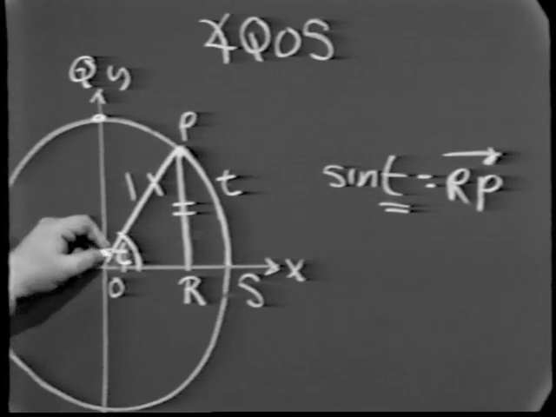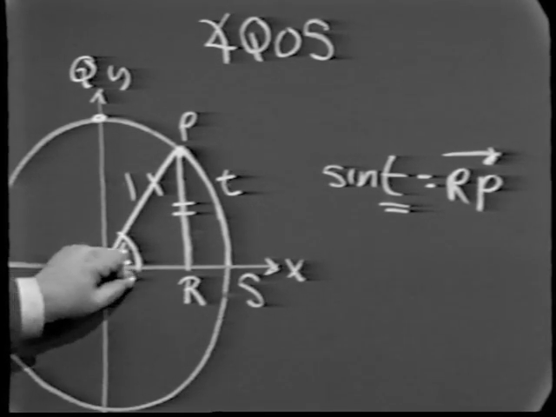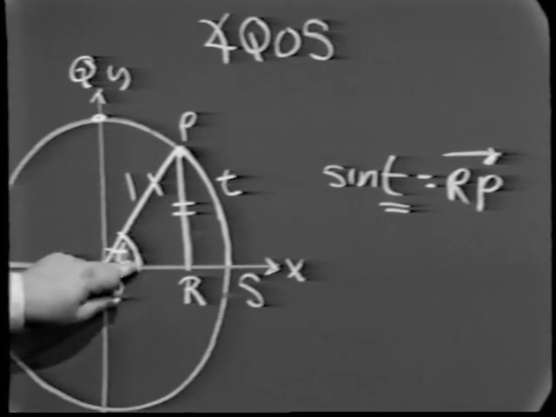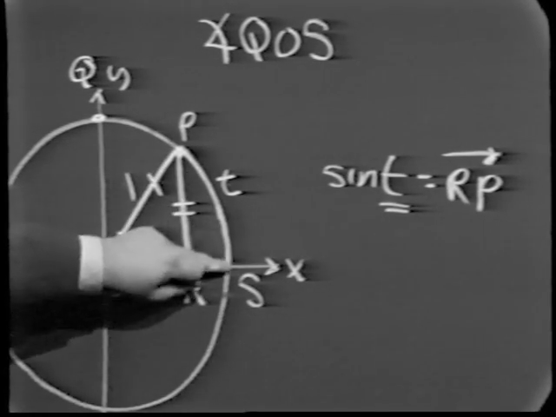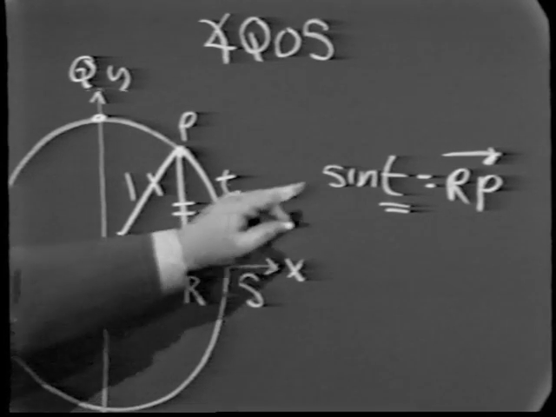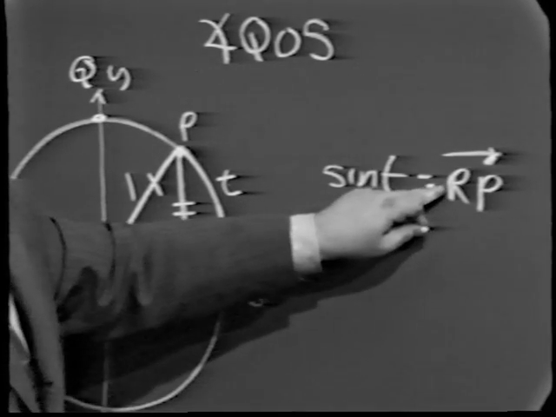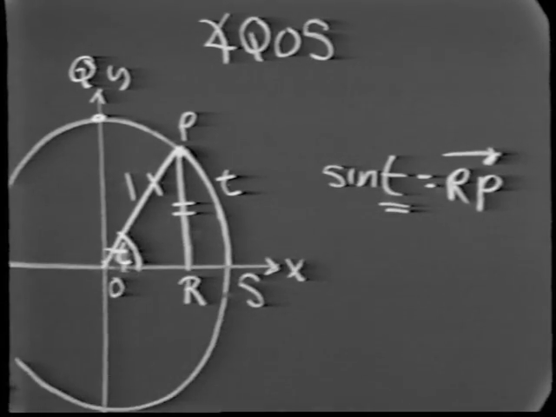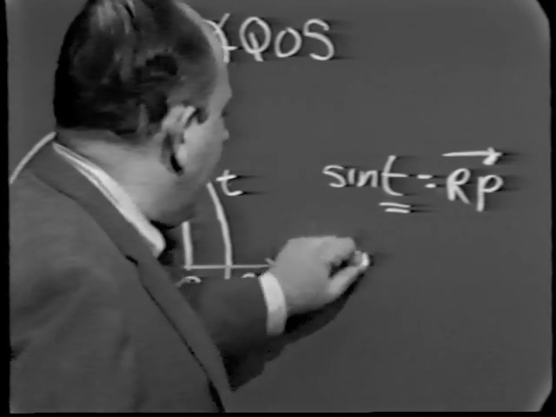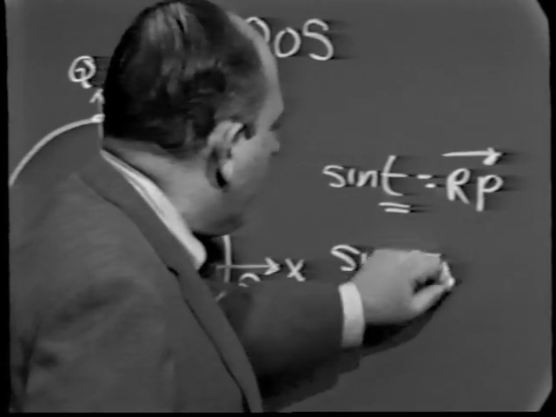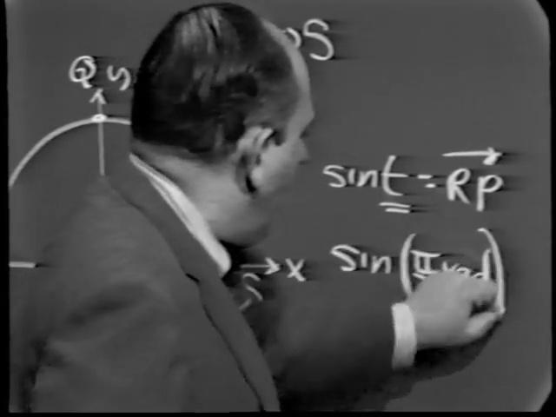See, in other words, I will define the measure called radians so that an angle of t radians intercepts the length t over here. In that way, sine t is unambiguous whether you're talking about an angle or a length. For example, when I say the sine of pi over 2 radians, what do I mean?